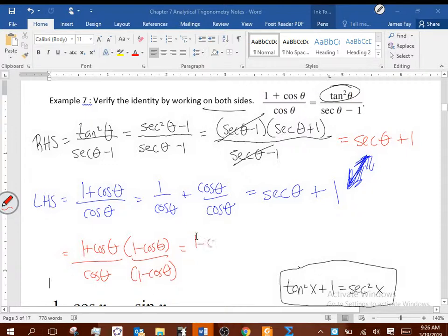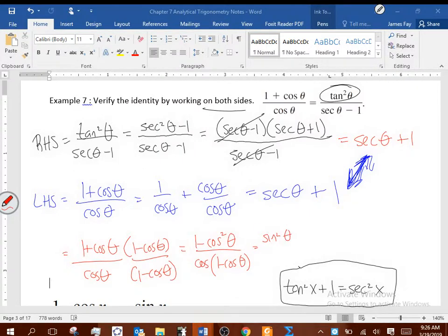So it gives me 1 minus cosine squared theta over cosine theta times 1 minus cosine theta. 1 minus cosine squared, is that sine squared? Over cosine theta times 1 minus cosine theta.